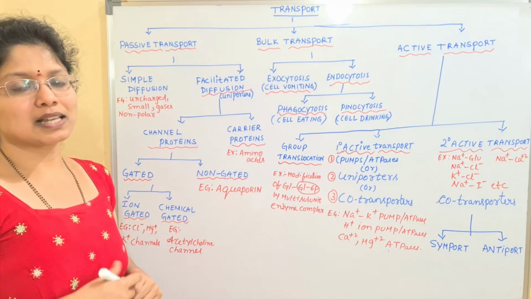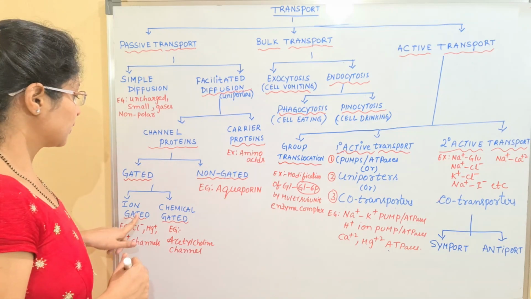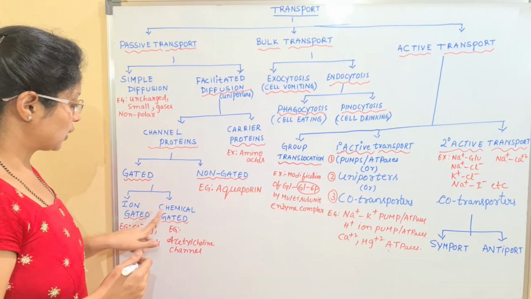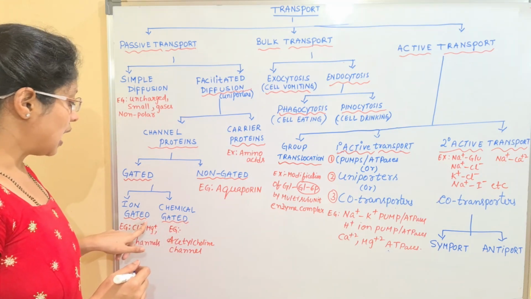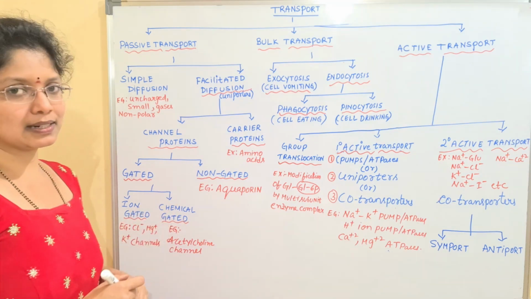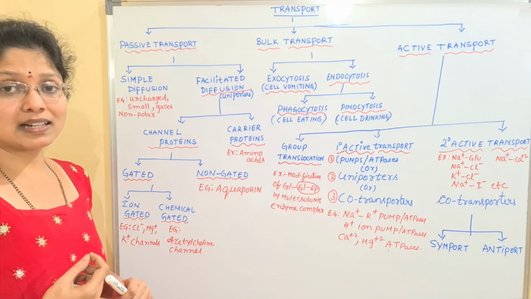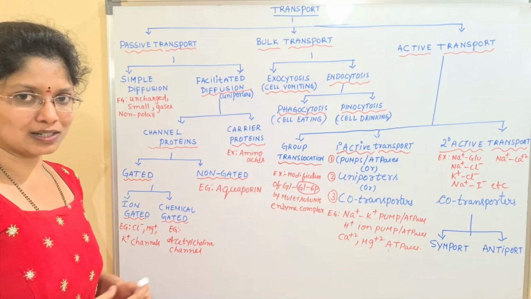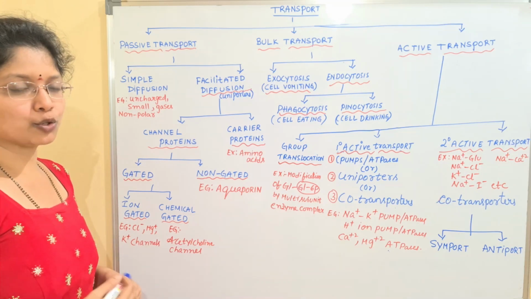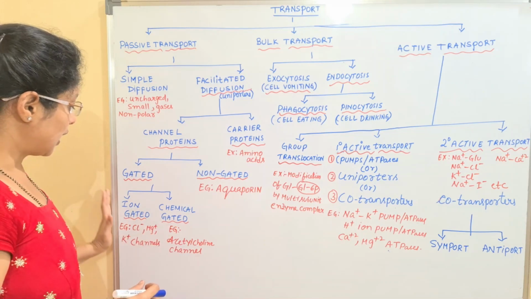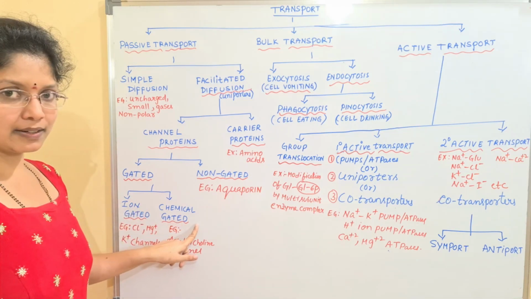Based upon the signals, we have categorized these gated channels into two important categories. One is ion gated, another is chemical gated. We even have two other gated channels, like mechanical gated and ligand gated, that we have not discussed here, and it is not essential to describe all these things here. So mainly we have the ion gated channels and the chemical gated channels.